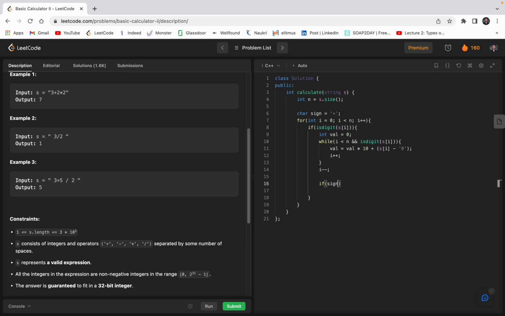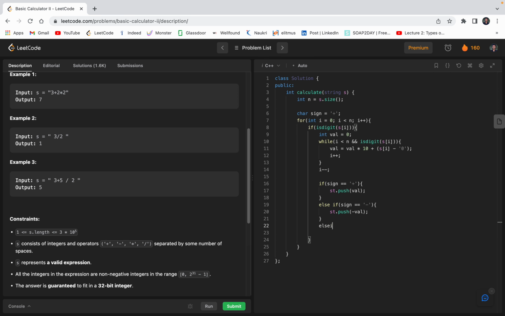So if the sign is a plus, what I'm going to do is stack dot push val, correct? Else if sign is minus, stack dot push minus of val.